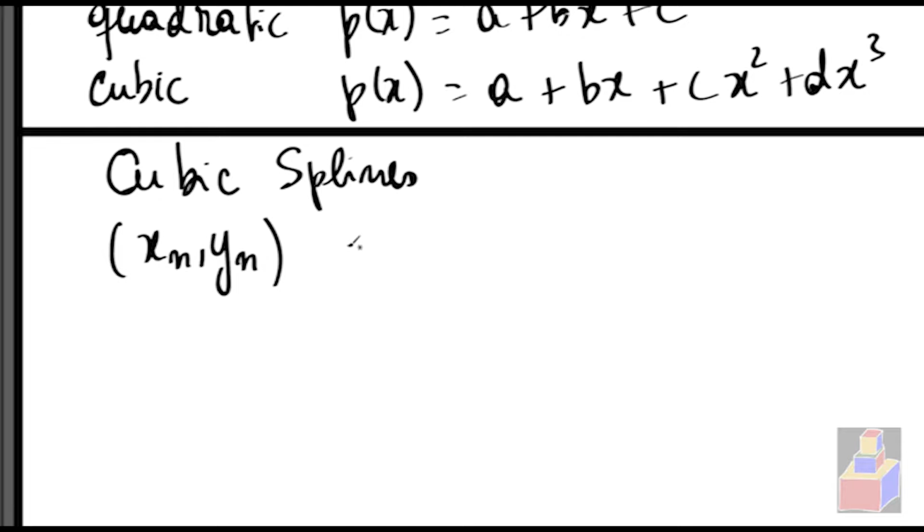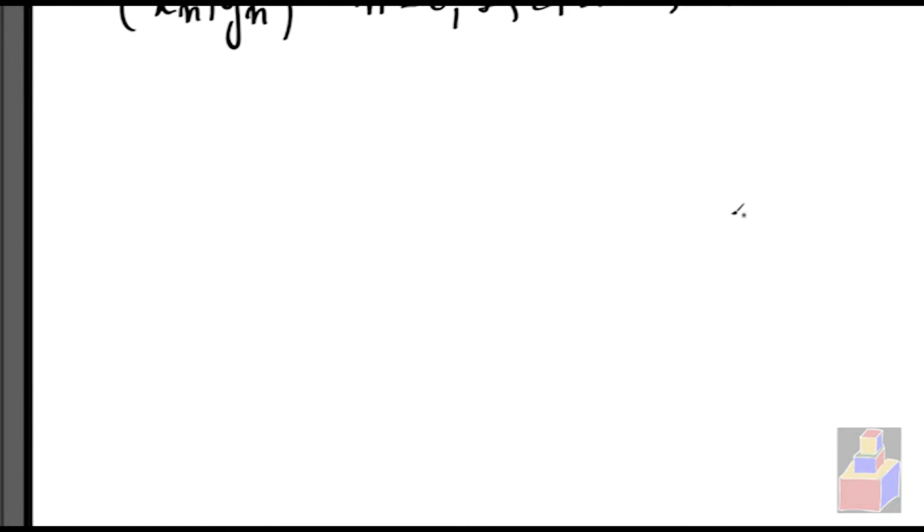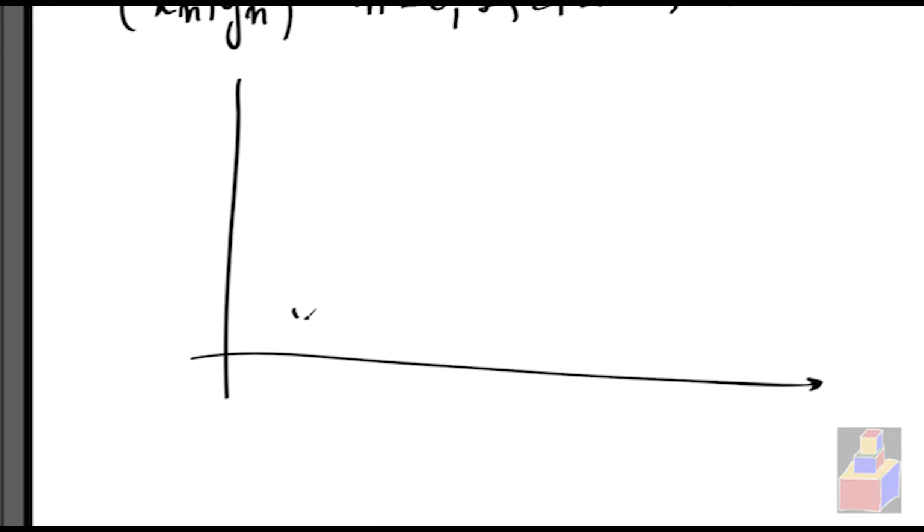So I have this, n goes from 0 to N. So we have something like this, a graph with a set of points, in increasing order. Okay, x goes from lower to higher value. So we have an open function. It doesn't mean that we cannot make a closed function. We could do that too. I have to be careful with how we do it, but we can certainly do it. But let's talk about the open case.